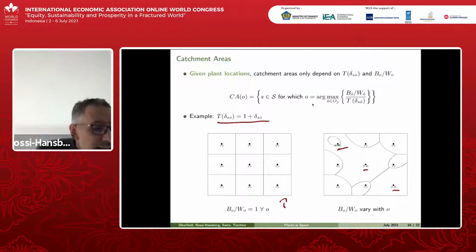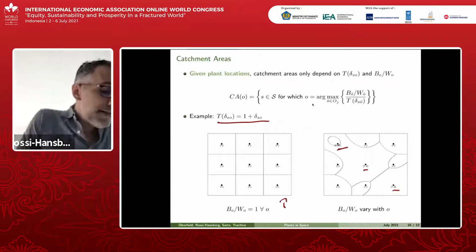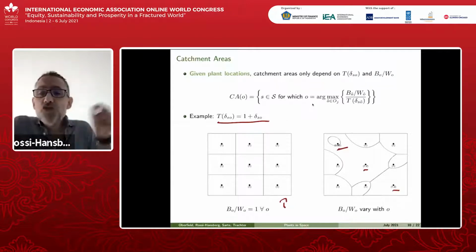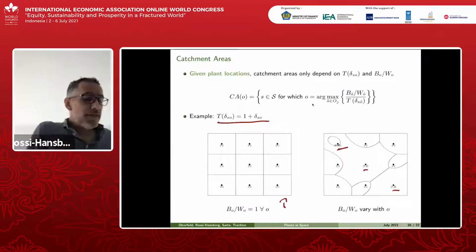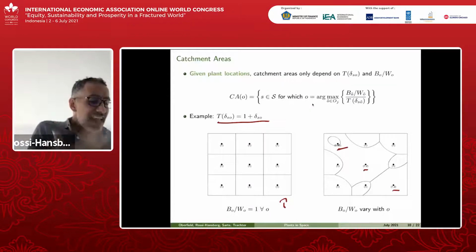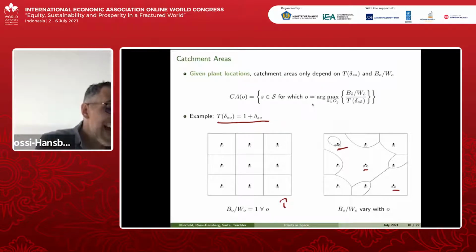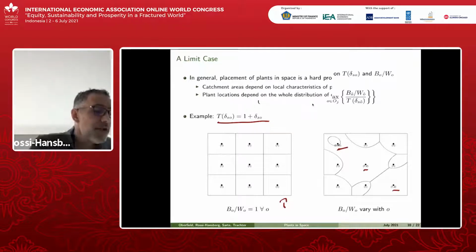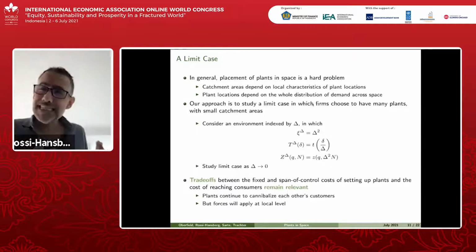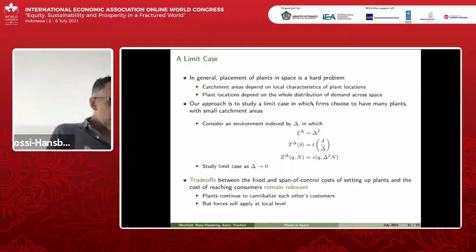Then the resulting catchment areas are the areas that are depicted there, and you can see how complicated that can already be, right? Just choosing how to serve customers from the different plans becomes quite a difficult problem. Now, if on top of that you are deciding how many and where exactly to locate them, that becomes kind of an impossible problem.